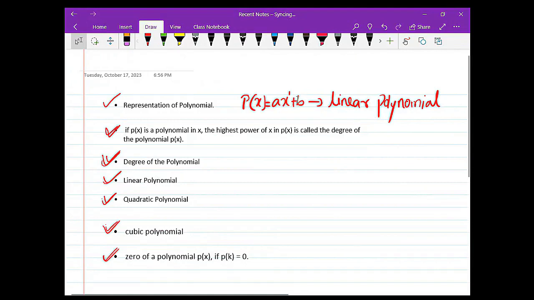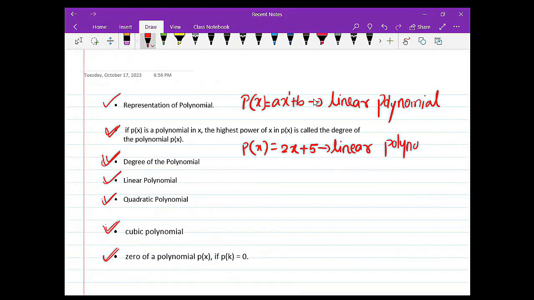And this polynomial is a linear polynomial because the power is 1 here. See other examples. P of x is equal to 2x plus 5. This is also a linear polynomial, and the power of x is 1 here. That's why this is a linear polynomial.